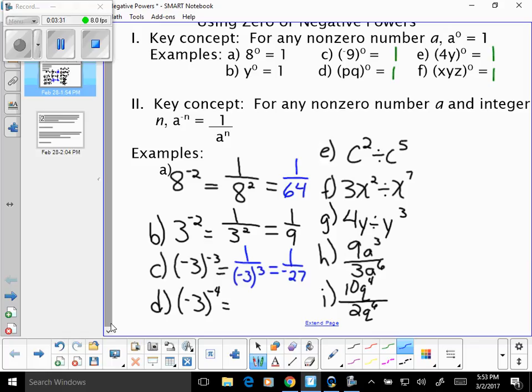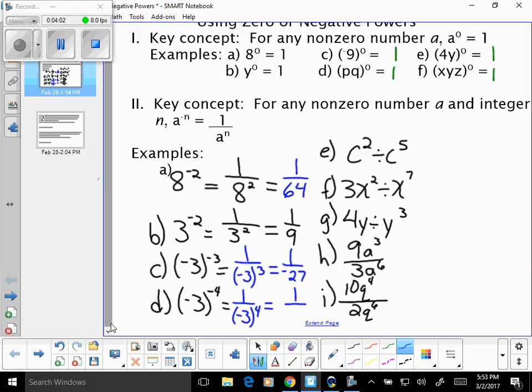Let's look at D. We're going to force it to be a reciprocal of 1 over negative 3 to the positive 4 power. That 1 is still going to be there. Now we've got to look at the negative 3. Negative 3 times negative 3 is positive 9. Positive 9 times negative 3 is negative 27.